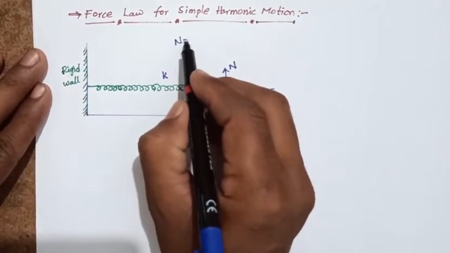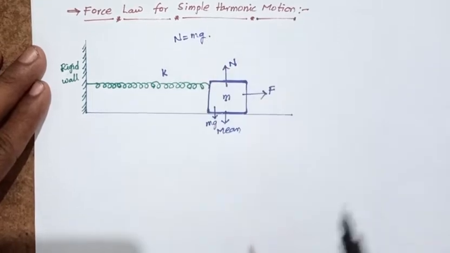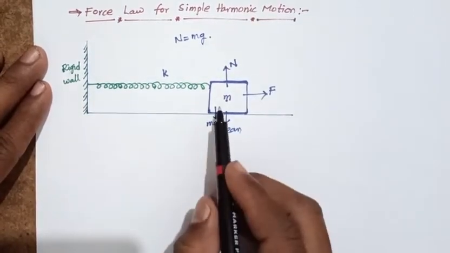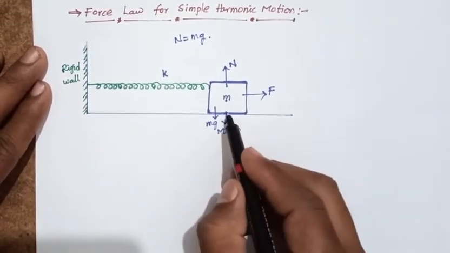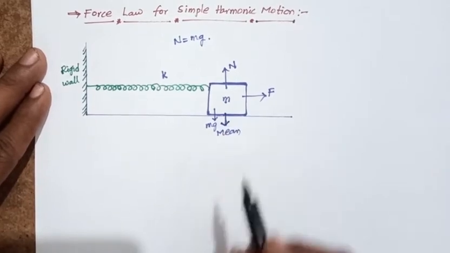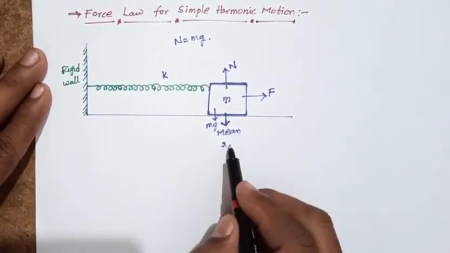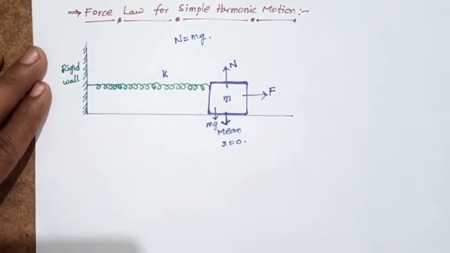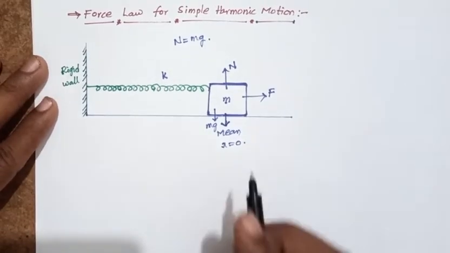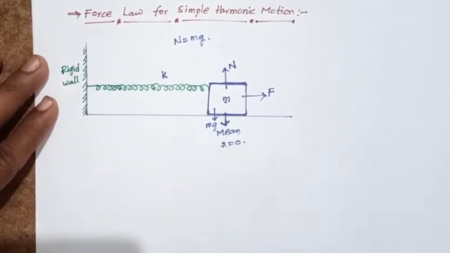So N equals mg, which is constant. So this is the equilibrium position, the mean point. Here there is no displacement: at t equals 0, x equals 0.